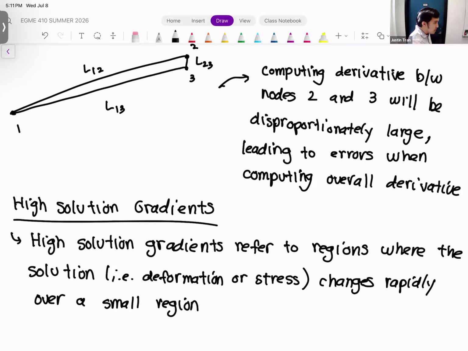Where this gets a little bit dicey is that you want to make sure that if you do have high solution gradients, you have enough mesh density within that region in order to capture that gradient accurately.